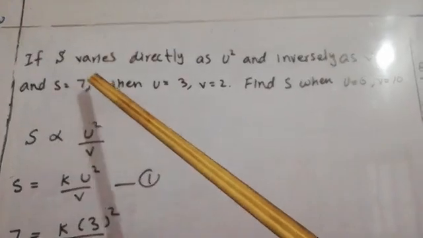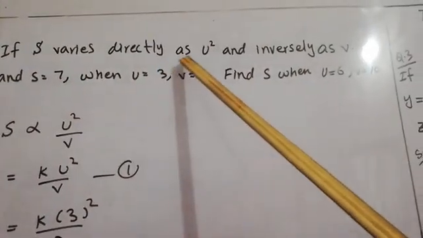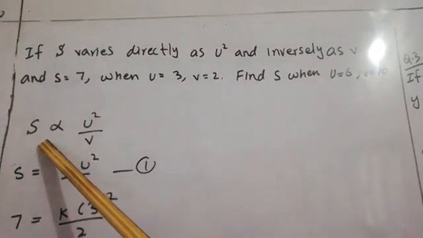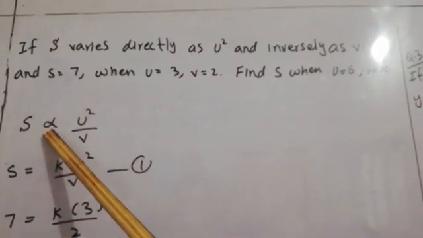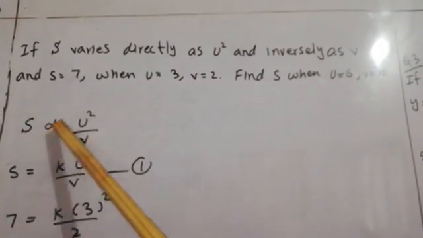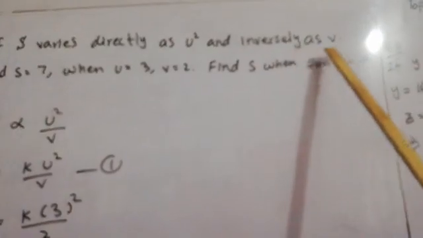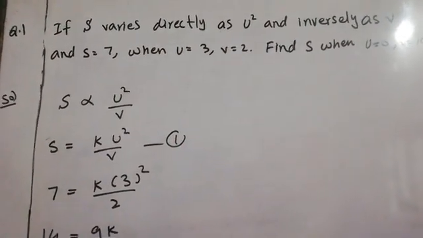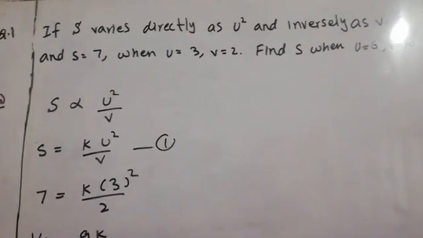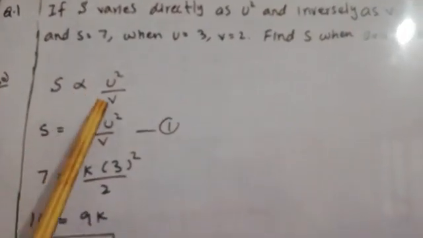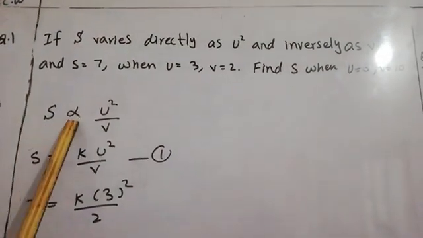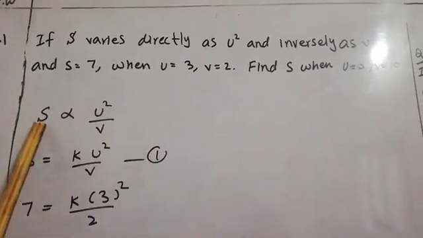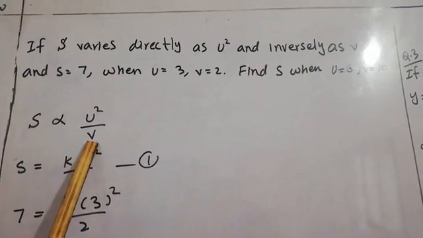So if S varies directly as U square, we will write S is directly proportional to U square, and inversely as V, you know that inversely means we will write the variable in the denominator form, in the reciprocal form. So S varies directly as U square and S varies inversely as V.